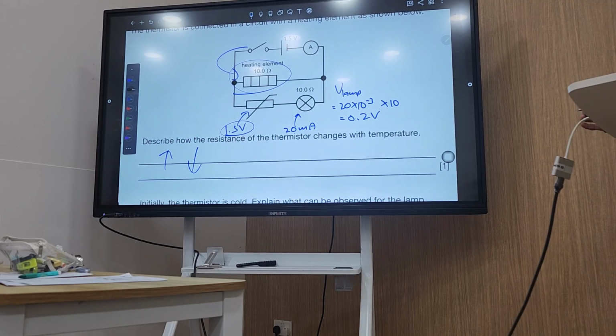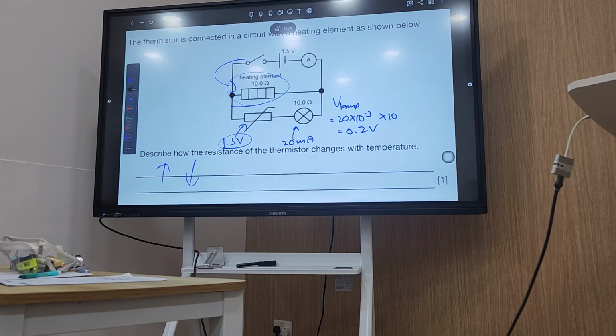Next. I know what the next question is asking, so I'm not going to go through that, but I will explain to you. 1.5 volts, 10 ohms. David, what is the current passing through this point?